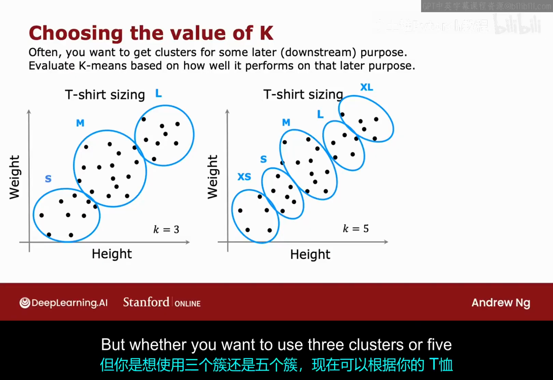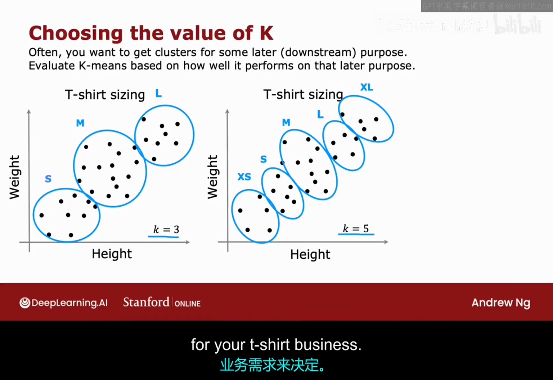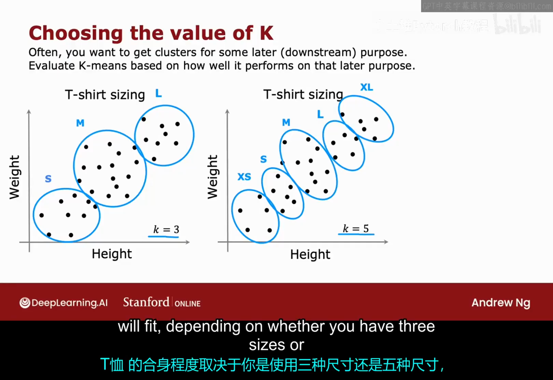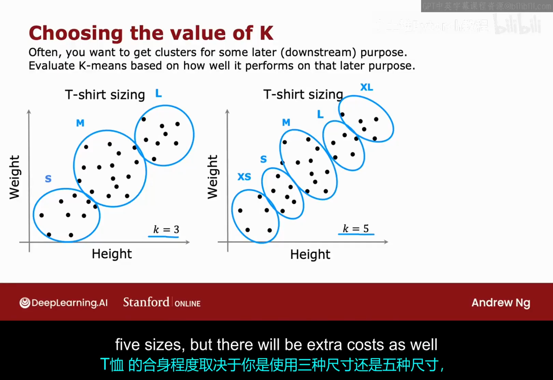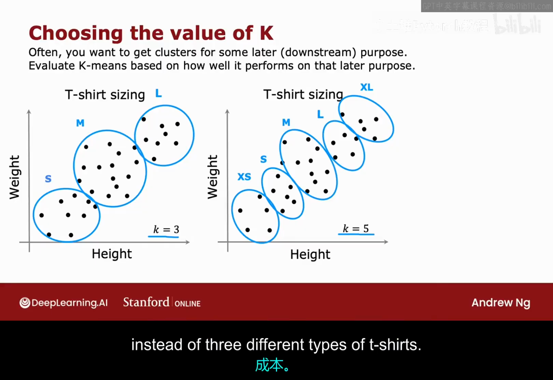But whether you want to use 3 clusters or 5 clusters can now be decided based on what makes sense for your t-shirt business. There's a trade-off between how well the t-shirts will fit, depending on whether you have 3 sizes or 5 sizes. But there will be extra costs as well associated with manufacturing and shipping 5 types of t-shirts instead of 3 different types of t-shirts.